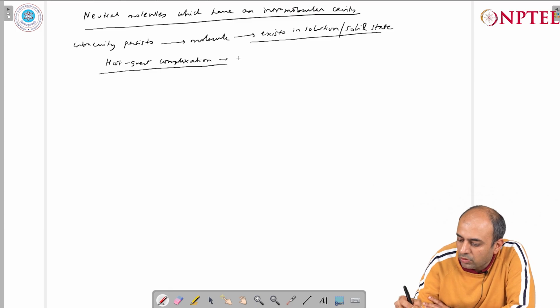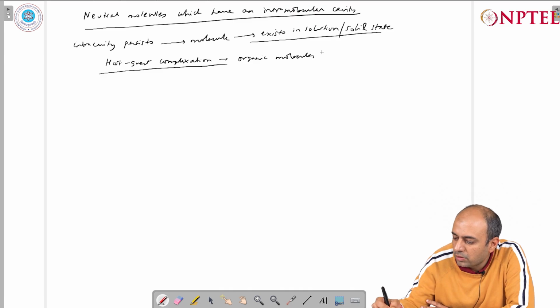now involves organic molecules which can be either polar, non-polar, or a combination of polar and non-polar substituents.